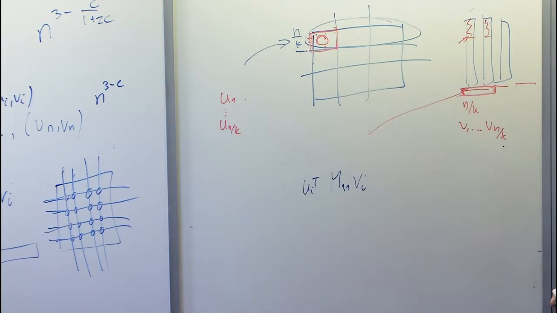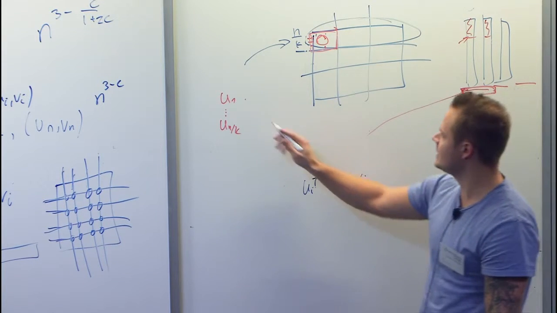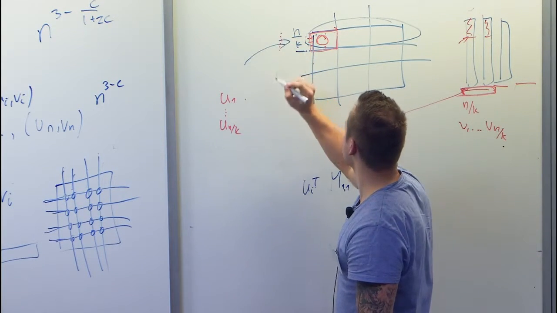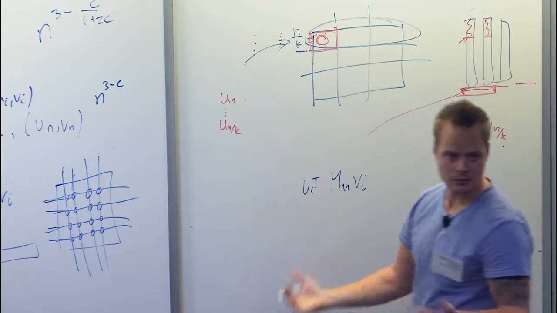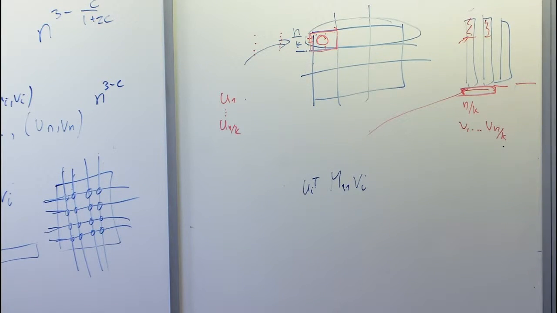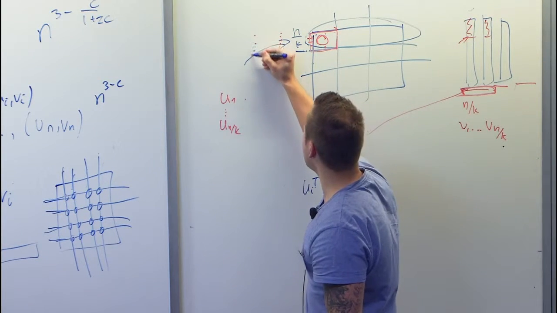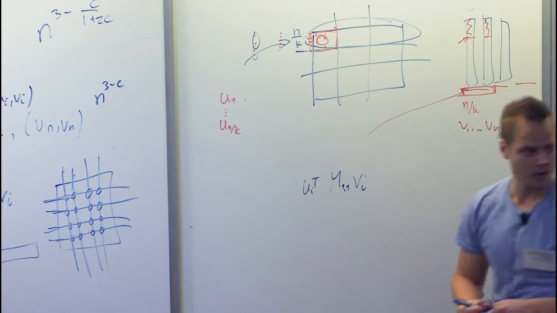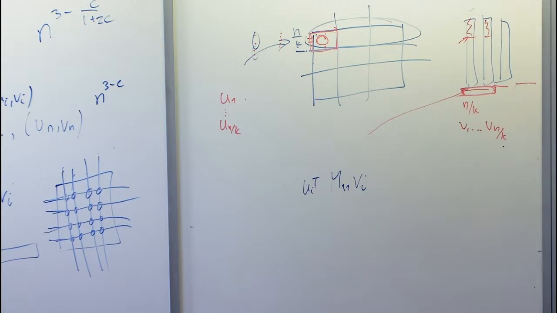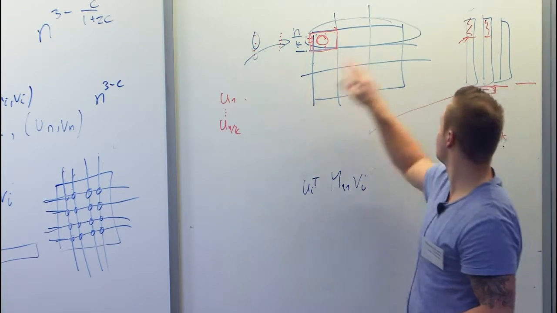Is this clear enough, or should I repeat it again? So essentially each of these ones is selecting a subset of rows that we're ORing over. For one of these u_i, I arbitrarily partition these 1 bits into 2 halves, at the same time for all of these n over k vectors.